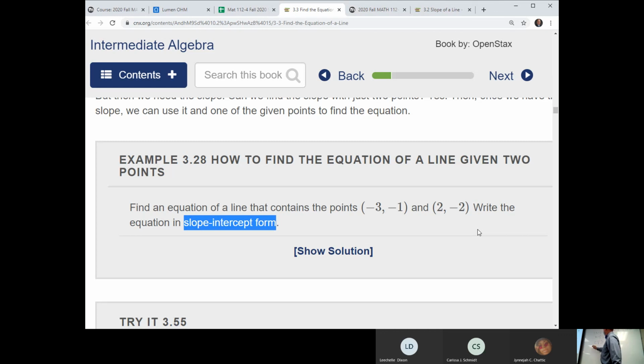I get negative 8/5 equals b. So now the solution is y equals negative 1/5 x minus 8/5. Get your subtracting negative 3 from 2 right. For some reason I had a negative 2 in my mind there.